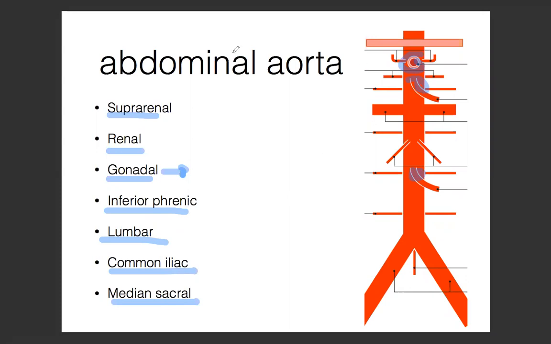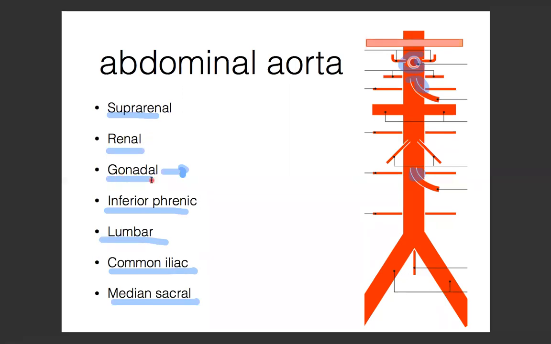I'll show you again in the picture. First we have the inferior phrenic, which come off the aorta and supply the diaphragm. Then the suprarenal and renal: the suprarenal supplies the adrenal gland and the renal supplies the kidneys.